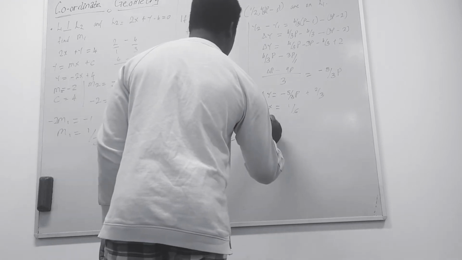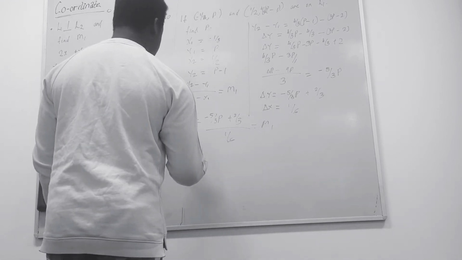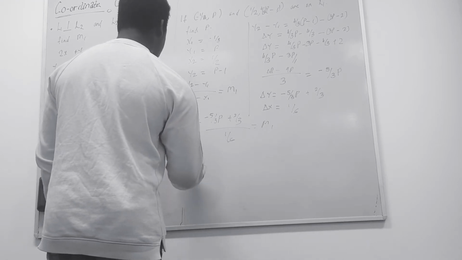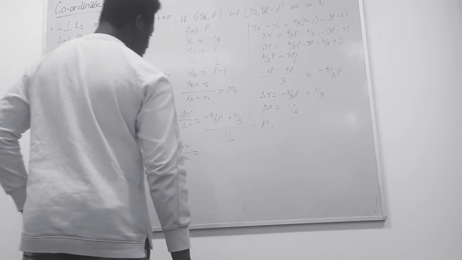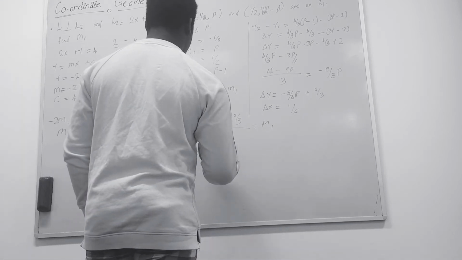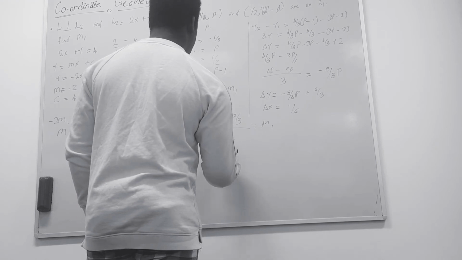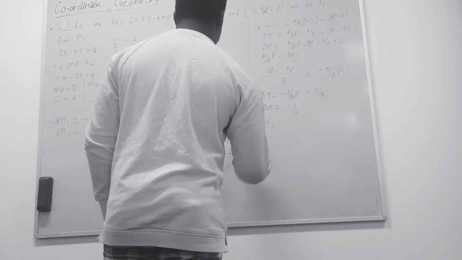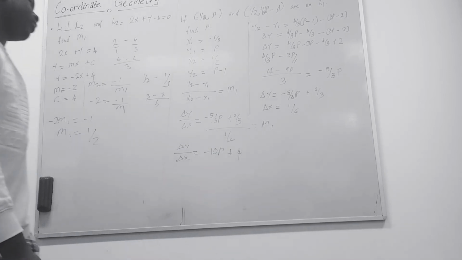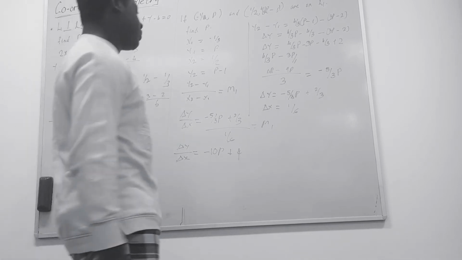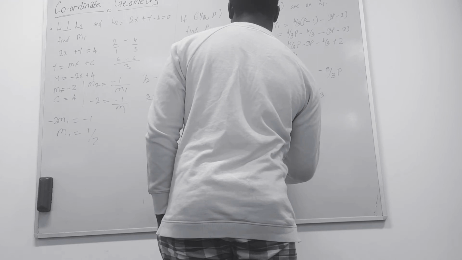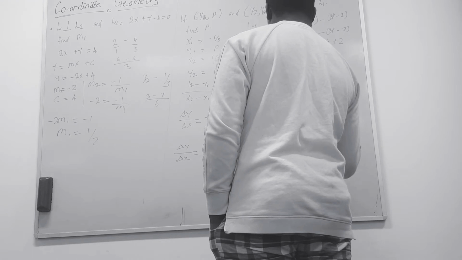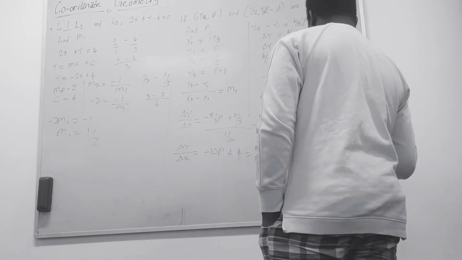And this is equal to m1, right? If you turn this to a multiplication, delta y divided by delta x is equal to minus 10P plus 4, and this is equal to m1. So you have minus 10P plus 4 equal to m1.